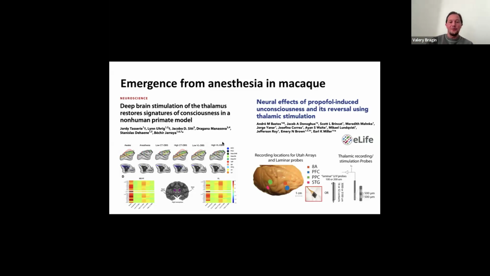But I think it's quite reliable. And another one is, again, the same design, but they use intracranial recordings in some frontal and parietal areas. This is from Andre Bastos' group. It gives us even more insight, even in laminar, because they can record from deep and superficial cortical layers and from thalamus. So it gives more insight into the mechanism of the processes going on there.